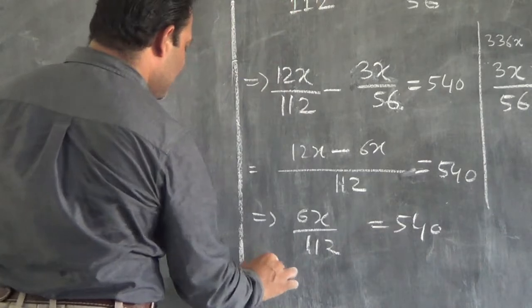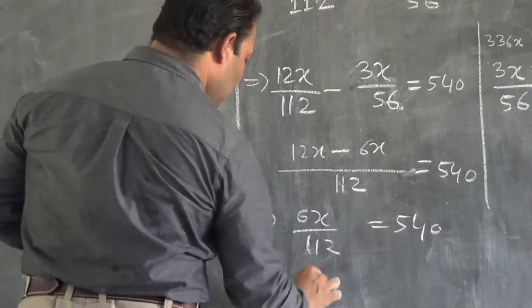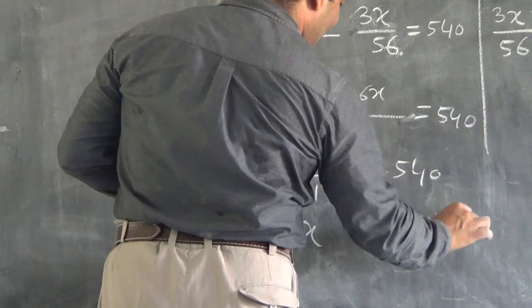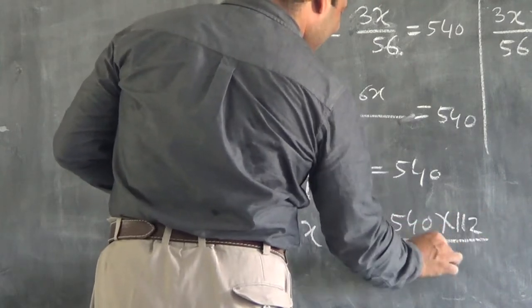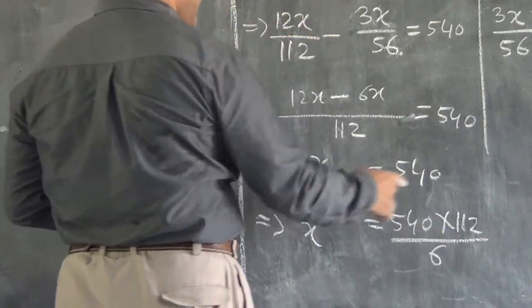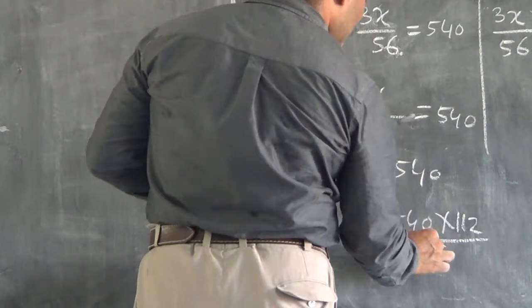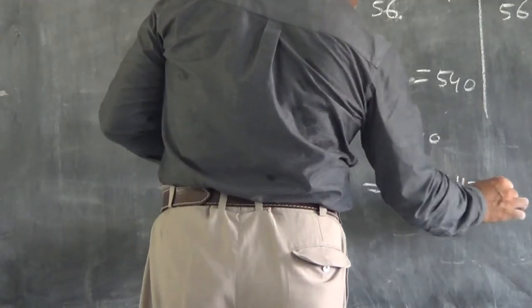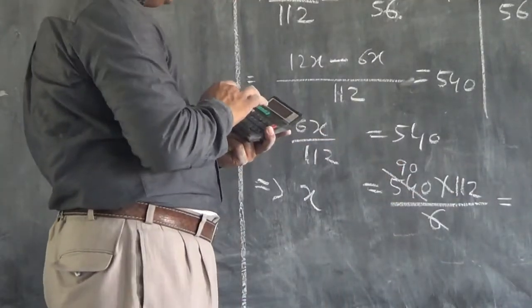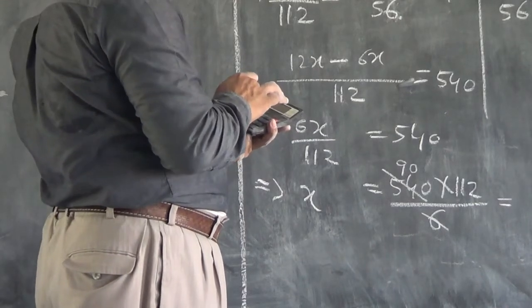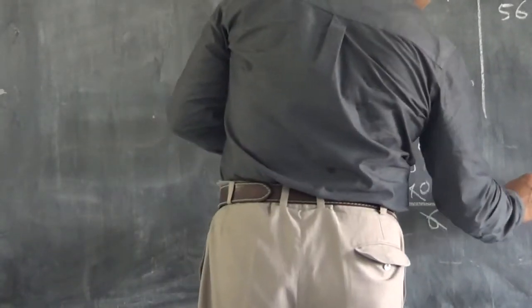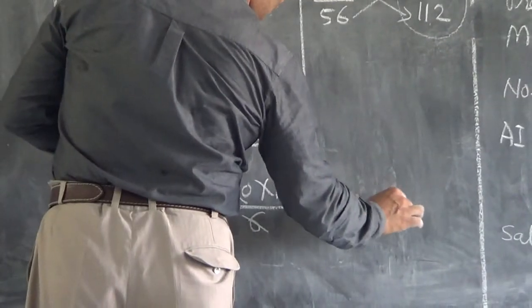That implies x equals 540 into 112 divided by 6. So 112 went up, 6 went down. 6 nines are 54, so here we got 90. 112 into 90 is 10080.